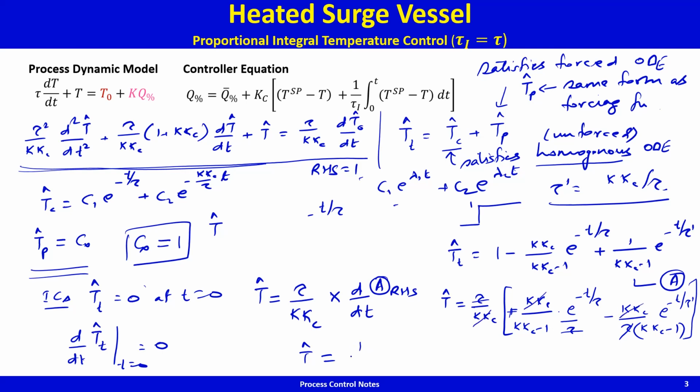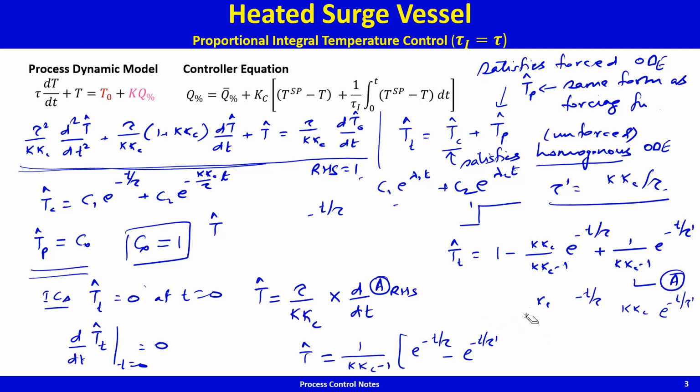It's a very nice expression. 1 over kc minus 1 times e to the power minus t by tau minus e to the power minus t by tau prime. So this is the final expression that we get for the variation in temperature with time.